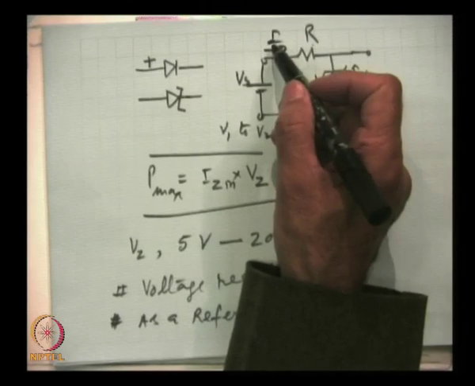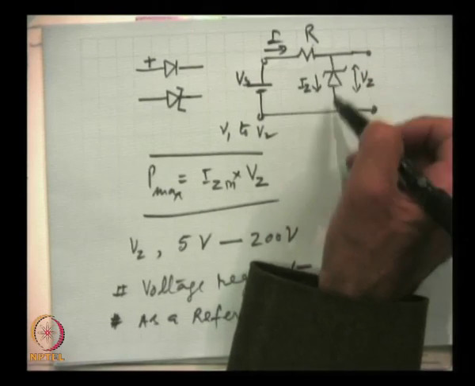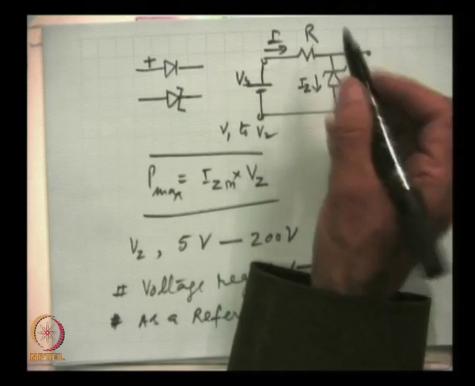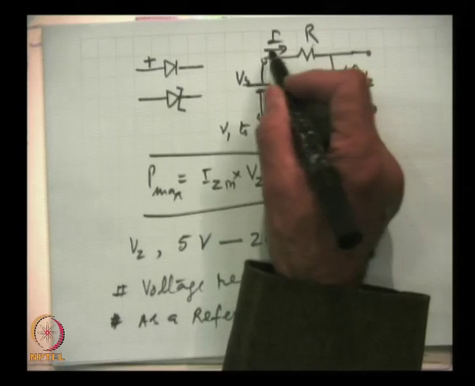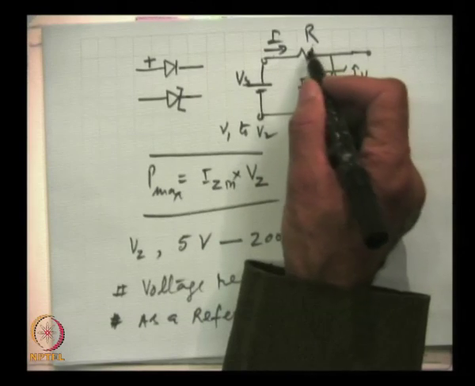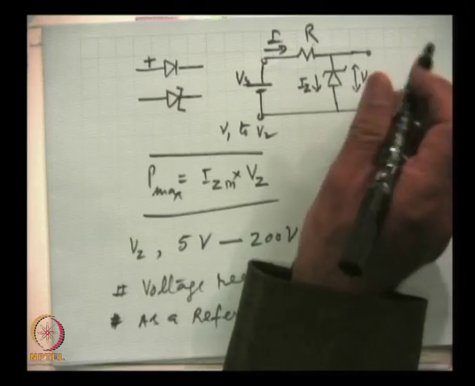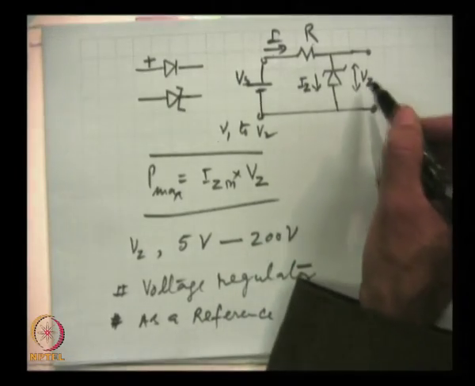Various currents will flow, and the higher the value of current, the larger the voltage drop here, but across the diode the voltage drop remains fixed, equal to V Z.